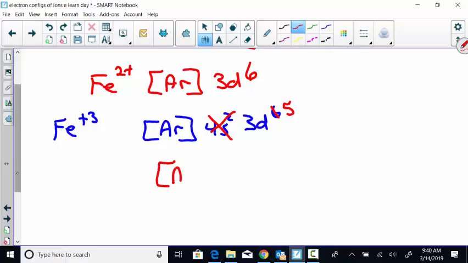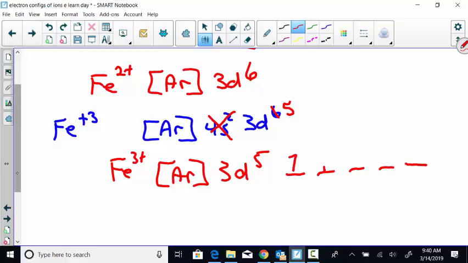So the Fe3 plus becomes Ar 3d5. And that's one of those cases where stability occurs because you have half-full orbitals.